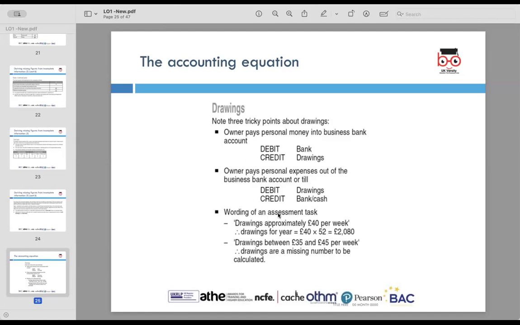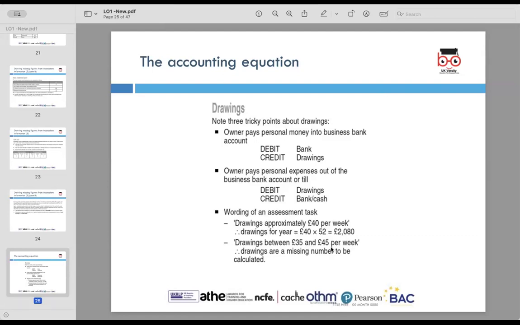A wording of an assessment task: drawing involves determining the amount withdrawn by the owner from the business. For example, if drawings are approximately £40 per week over a year, the annual total would be 40 multiplied by 52, as you can see here, £2,080, when drawings range between £35 and £45 per week.